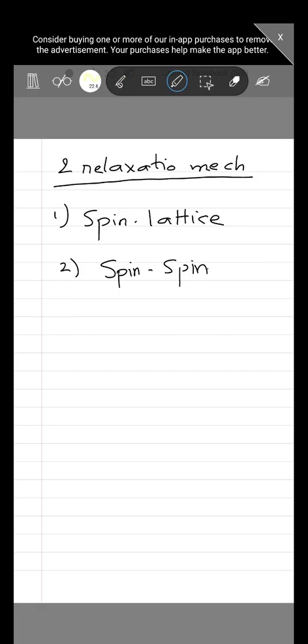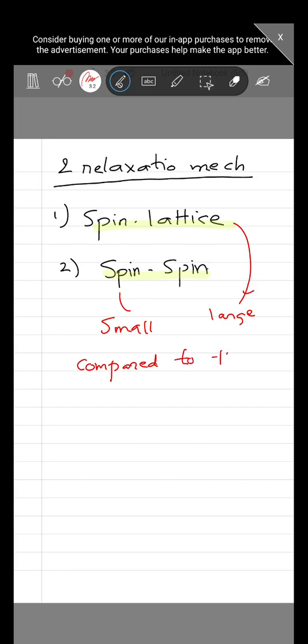And this is large compared to the internal magnetic field, and this one again is small compared to the internal magnetic field. So you can see that this is large and this is small compared to the internal magnetic field.